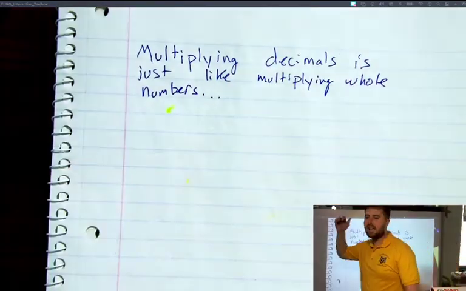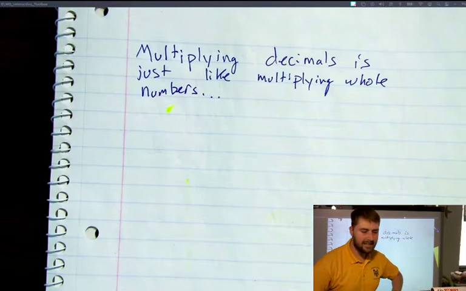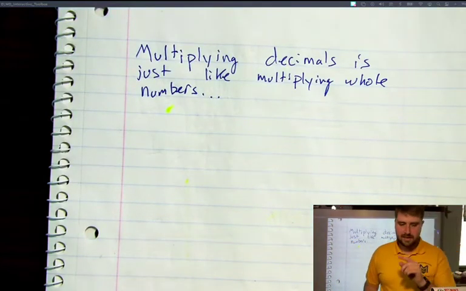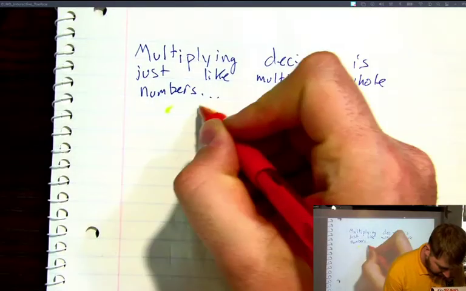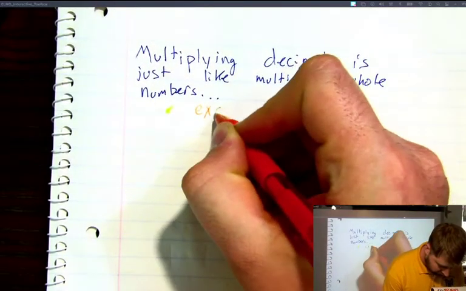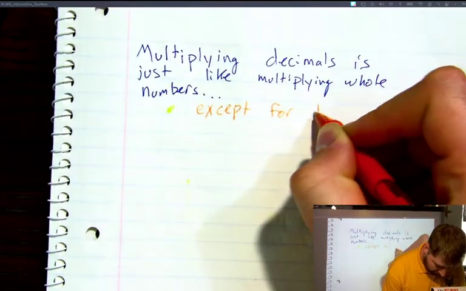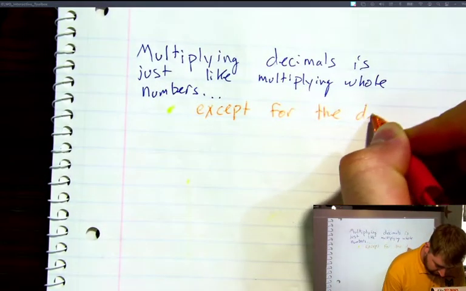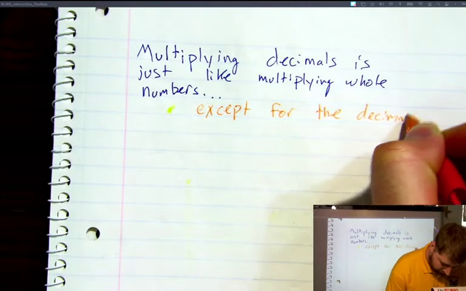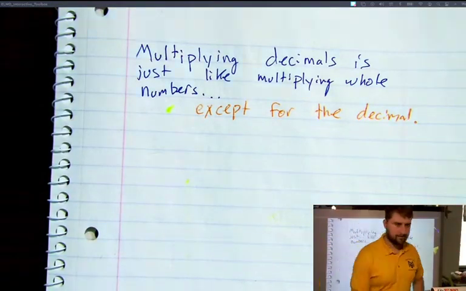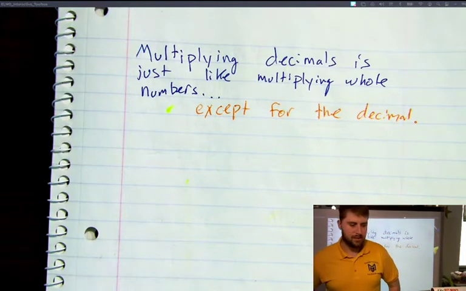So multiplying decimals is just like multiplying whole numbers, except for the decimal.